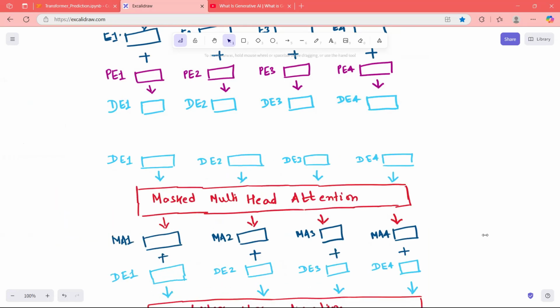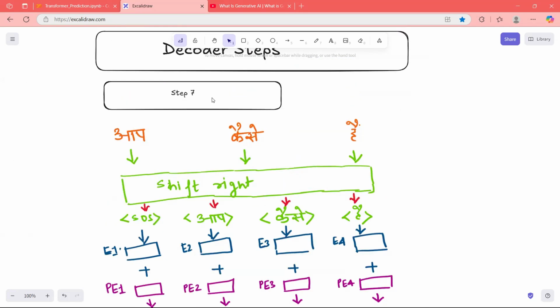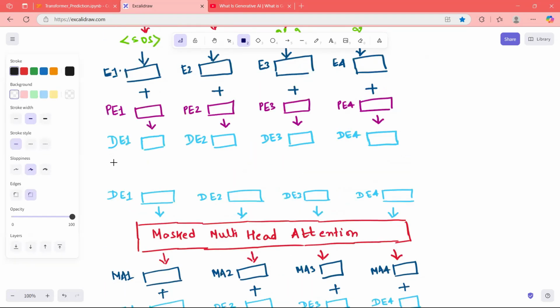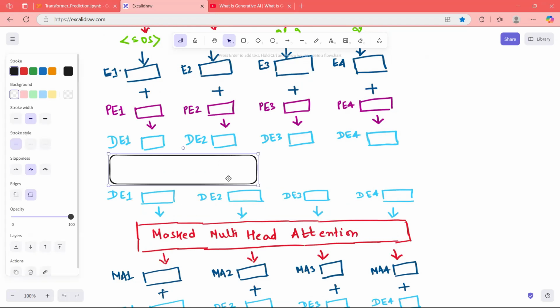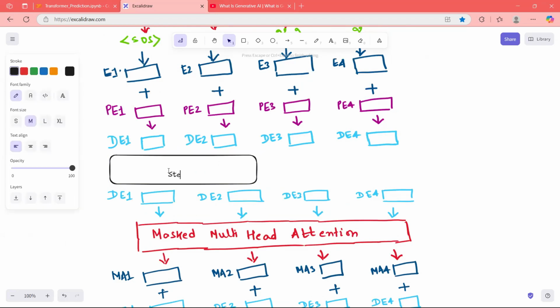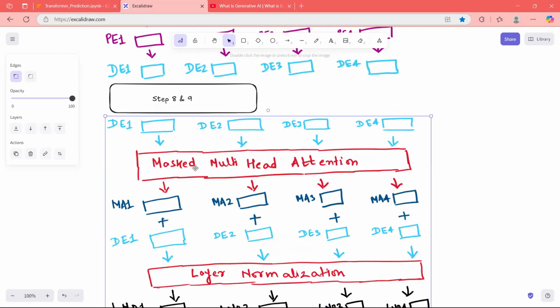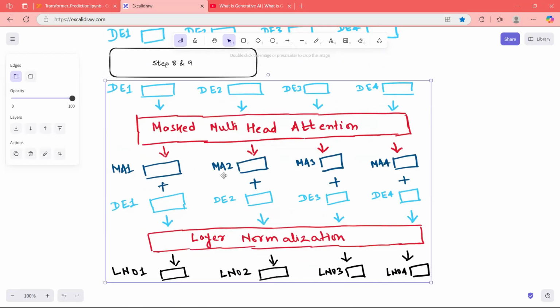As I was telling you, after step 7 there has to be steps 8 and 9. What do 8 and 9 do? Decoder embedding will come. It will enter masked multi-head attention. Masked attention output 1, 2, 3, 4 come out.